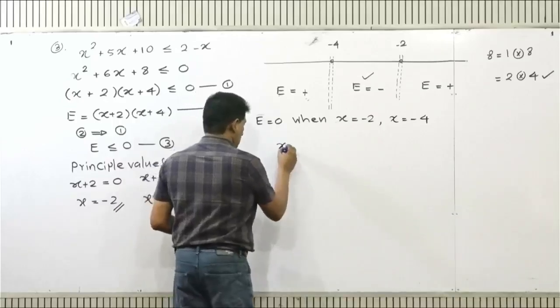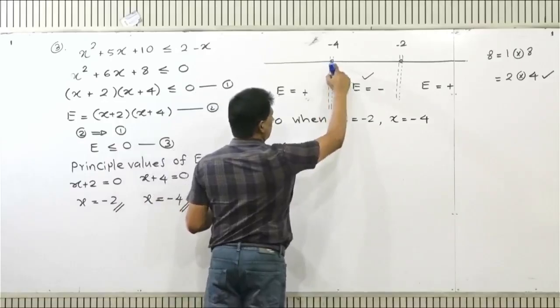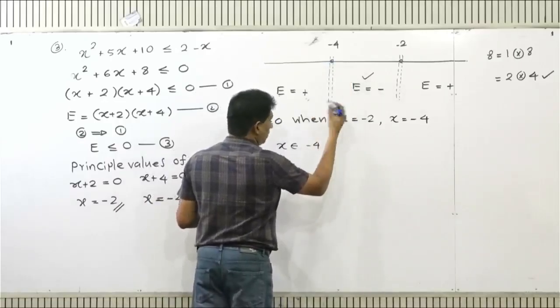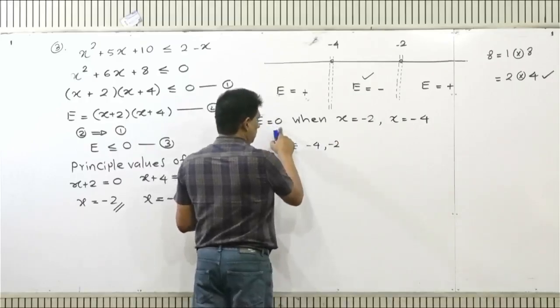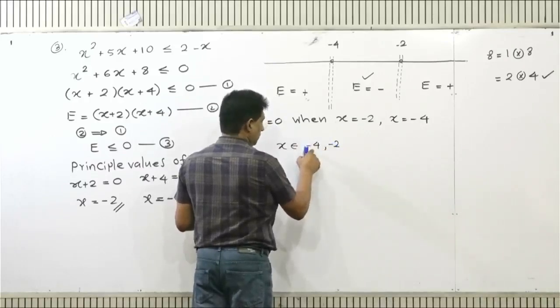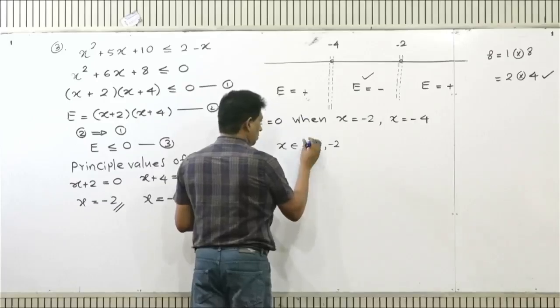Now we can write the solution. E less than 0 means x can take any value greater than minus 4 and less than minus 2. When E is 0, x equals minus 2, x equals minus 4. Then minus 2 is also a solution, minus 4 is also a solution.